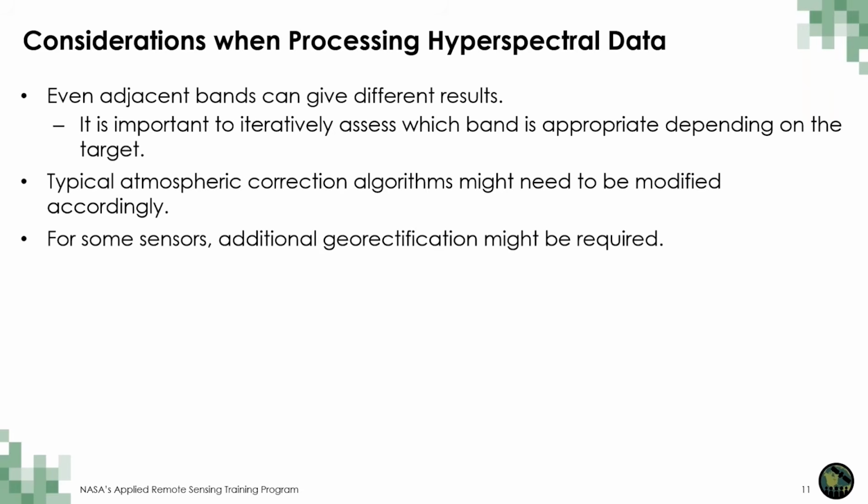Most times people still use some of the typical atmospheric correction algorithms like FLAASH, Tafkaa, ATREM or others, but you might need to tweak them a little bit to make them feasible to use with hyperspectral data. And for some sensors, there might be some additional geo-rectification required.